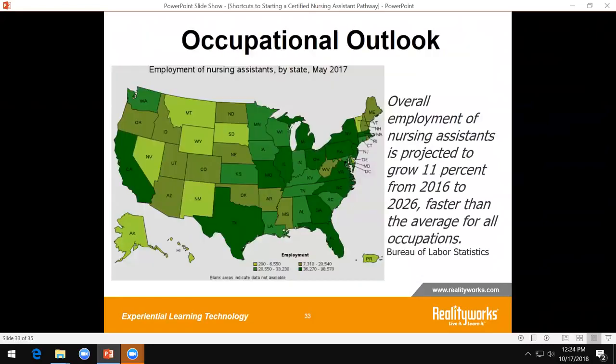Certified nursing assistants will always be in demand. As that baby boom population ages, nursing assistants will be needed to assist and care for elderly patients. There is so much opportunity out there for students, and we have heard that from many of the teachers that we see at the state and national conventions.